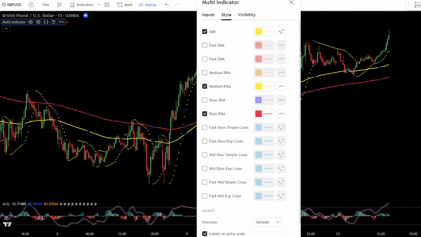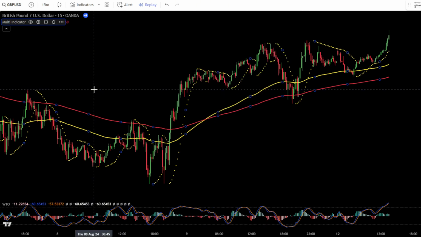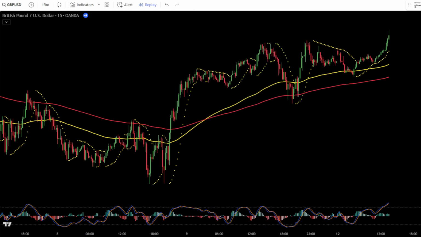Once done, simply click OK to confirm the changes. This multi-indicator will be used as a trend guide as well as to identify potential pullback points in the market.